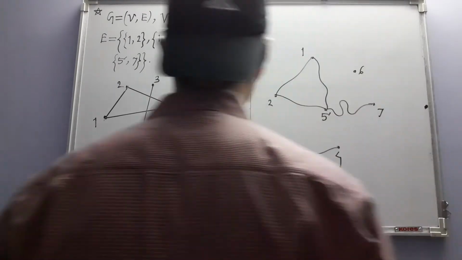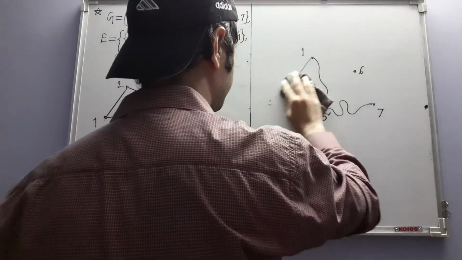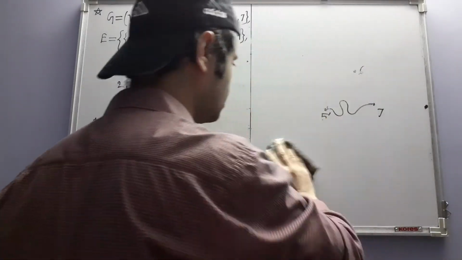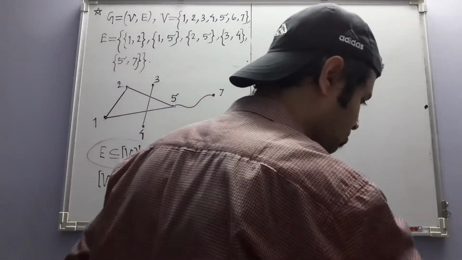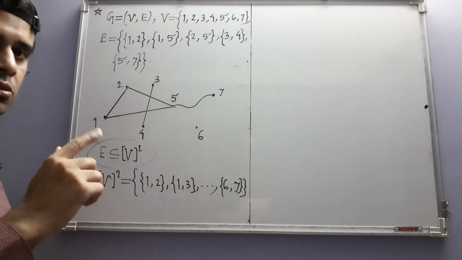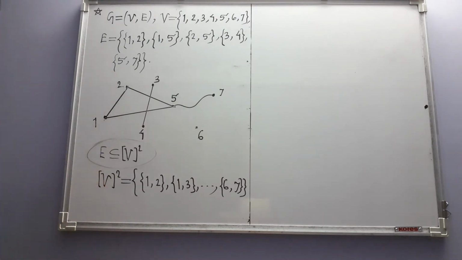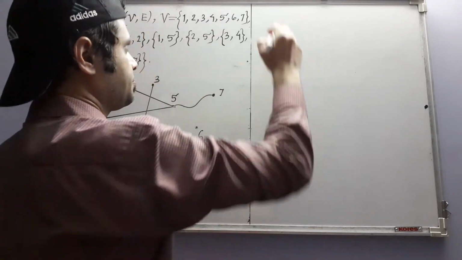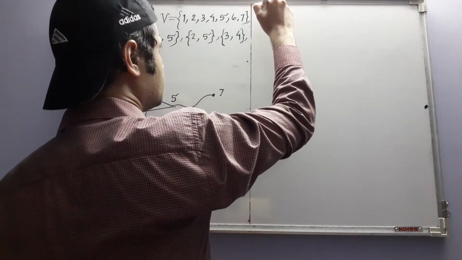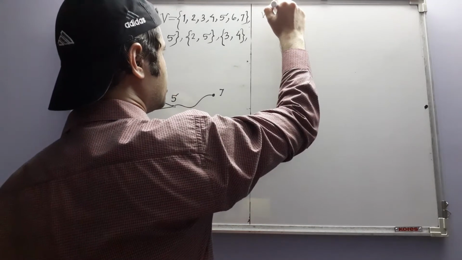So that means the graph itself is not a picture, but one picture is only one representation of a graph. Now we come to that restriction.